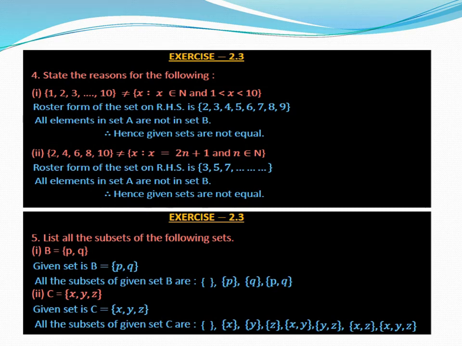Now we will write pairs. But here only 2 elements are there, so the subsets of the given set are only 4. Then we write all subsets of the given set B: the null set, the set of P, the set of Q, and also the given set B, P comma Q.